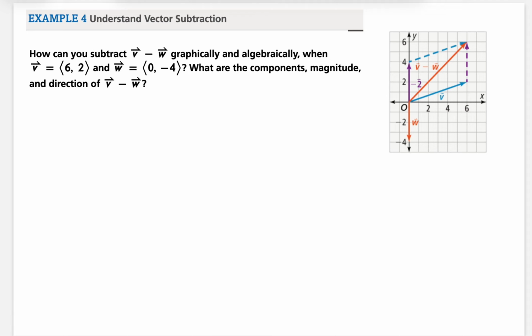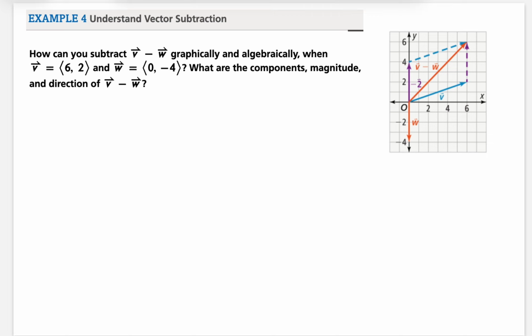Okay, our second to last example. Example 4, understanding vector subtraction. So this picture already kind of shows what vector subtraction is, but it says, how can you subtract v minus w graphically and algebraically when v is 6, 2 and w is 0, negative 4?